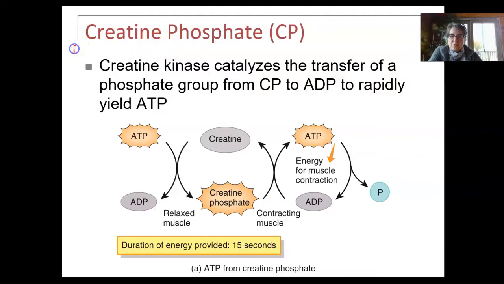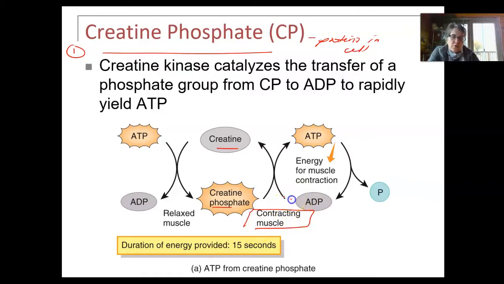So our first source of ATP is creatine phosphate. Creatine phosphate is a protein that's in the cell. Creatine is able to pick up a phosphate and be available for a muscle to use to make ATP.